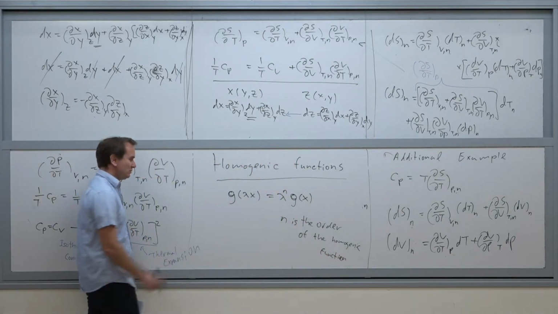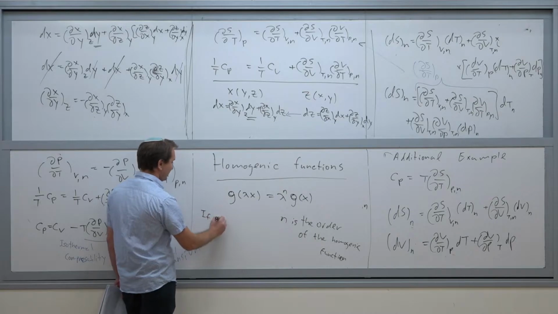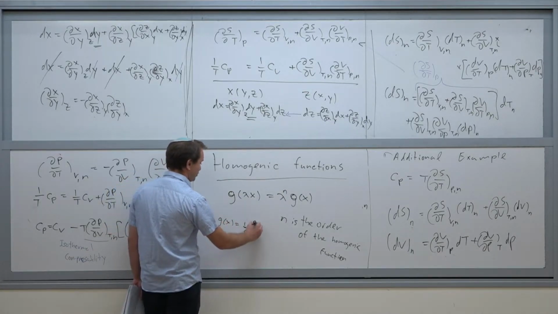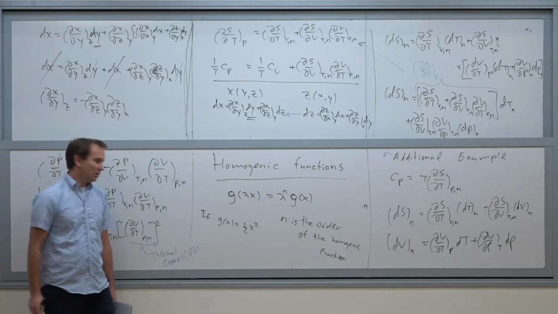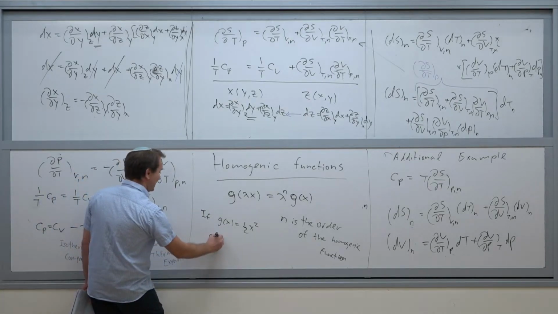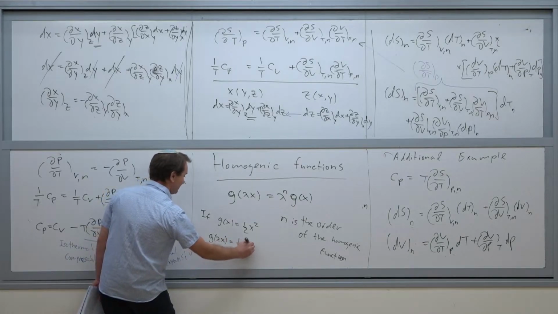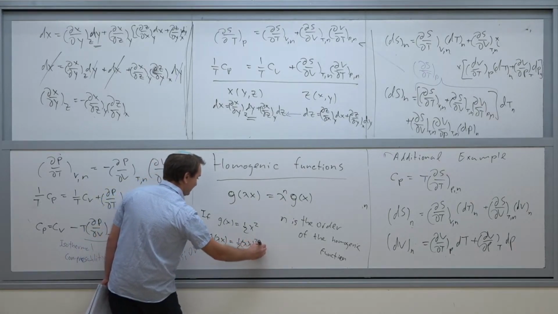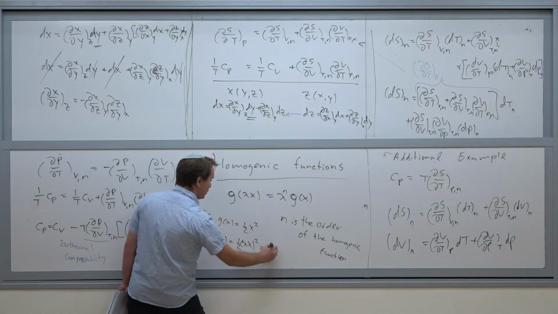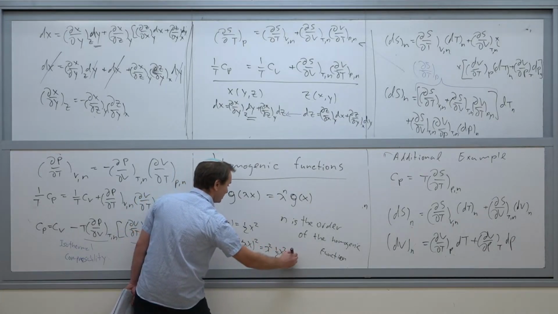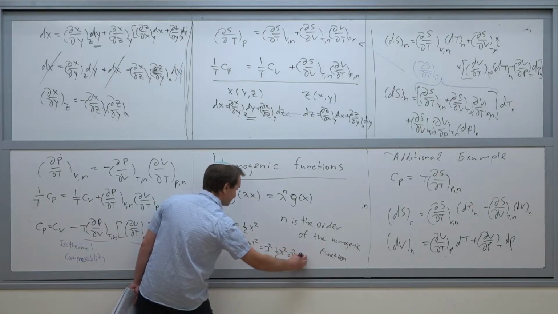So for example, if g of x equals 1/2 x squared, then g of lambda x equals 1/2 lambda squared x squared, which equals lambda squared times 1/2 x squared, which equals lambda squared g of x.